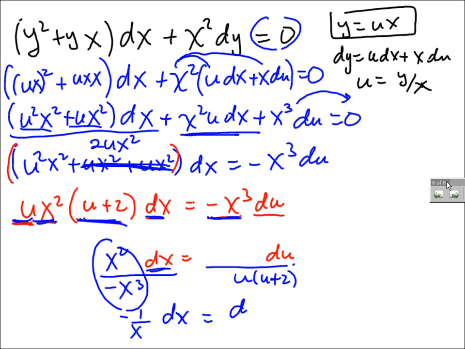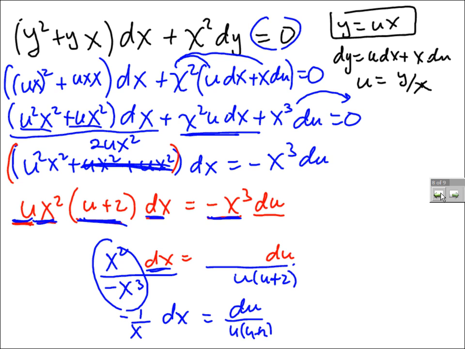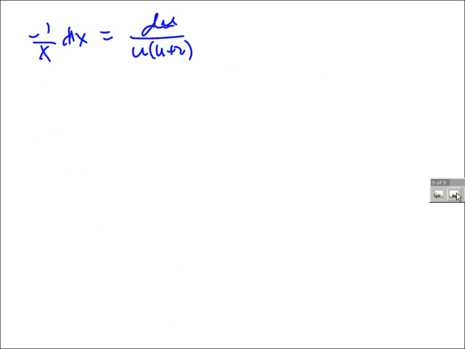And this is equal to du over u times u plus 2. So we have negative 1 over x dx, and this is equal to du over u times u plus 2. And you verify that, and I'm happy.